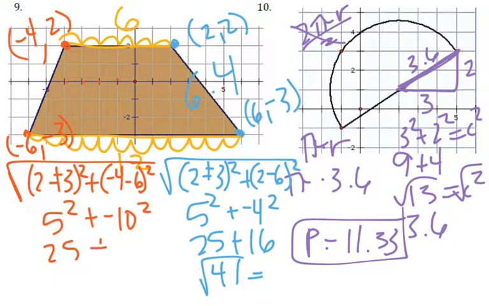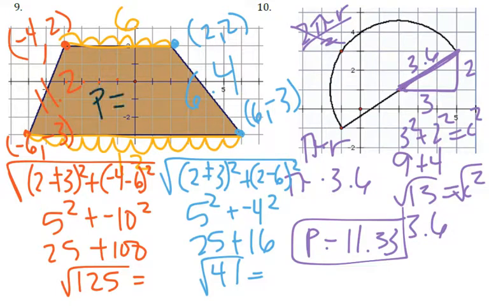So 25 plus 100. So be 125. Take the square root of that. We get about 11.2. So for our perimeter, we would go 6 plus 6.4 plus 12 plus 11.2, giving us 35.6. And there we go, guys.